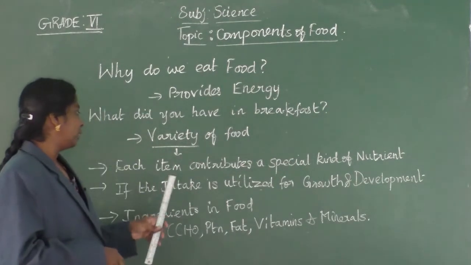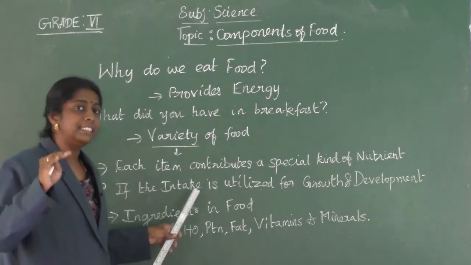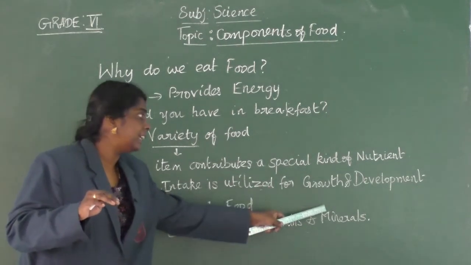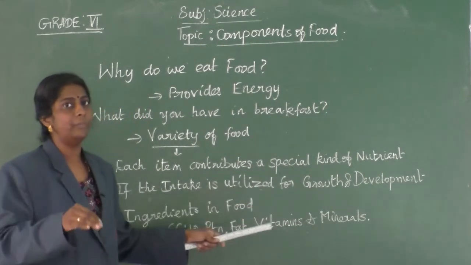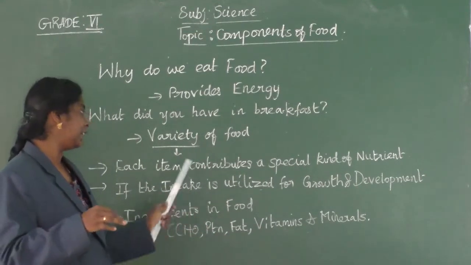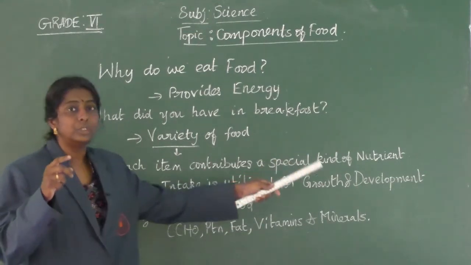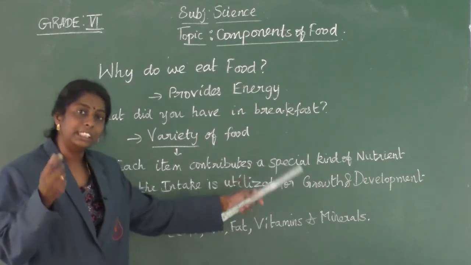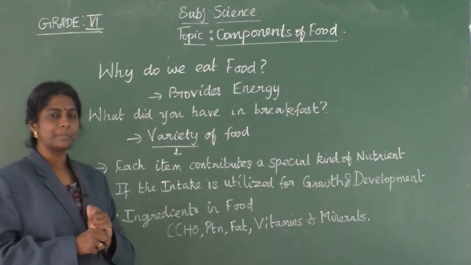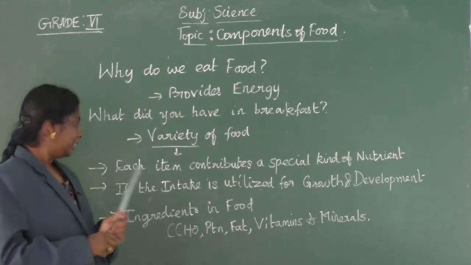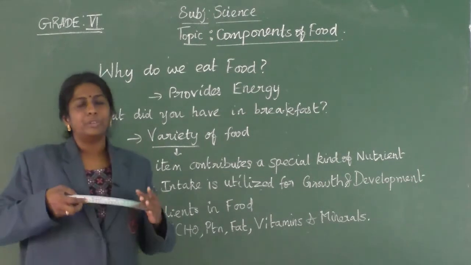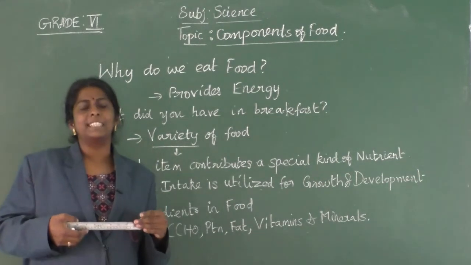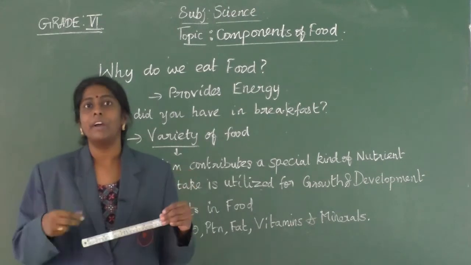The food we are intaking, if it is utilized for the growth and development of the own body, then that type of food is meant to be nutrient. Okay, nutritious food. Then, whatever the food you are intaking, might be dosa, it's a combination of some raw ingredients.